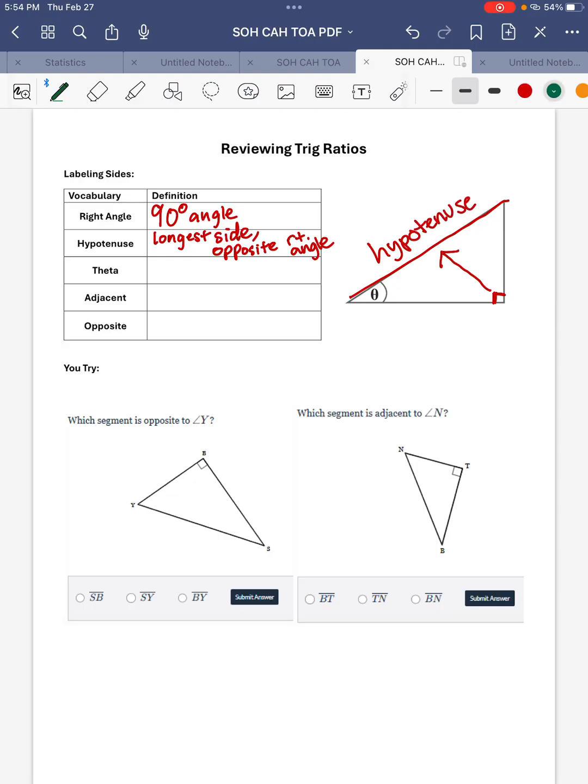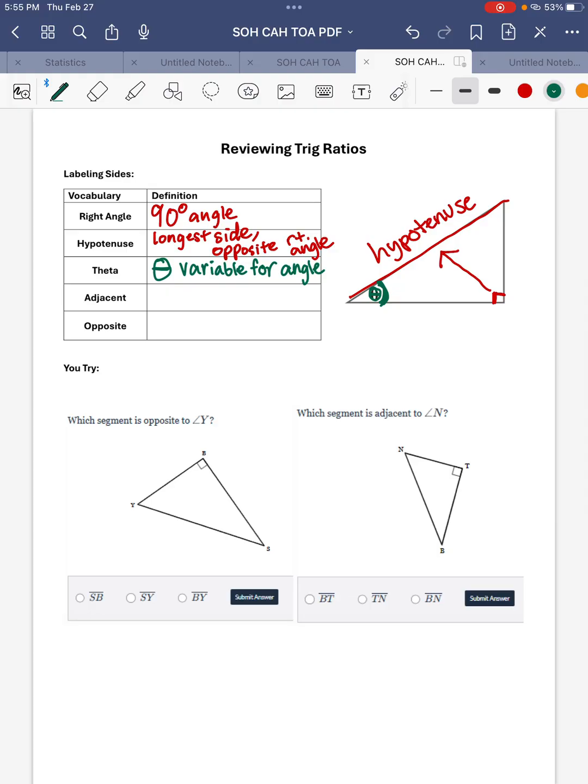All right, next thing we need to know is the theta. The theta is just this symbol right here, and it is just a variable used for angles. So here where it has this theta, that's just the angle that we're going to be using in the problem.